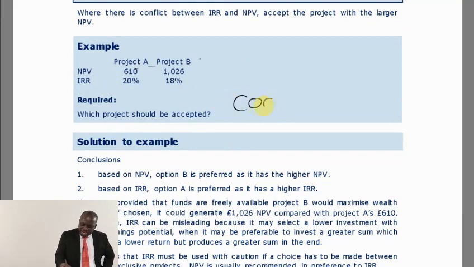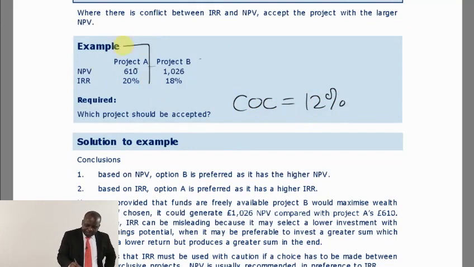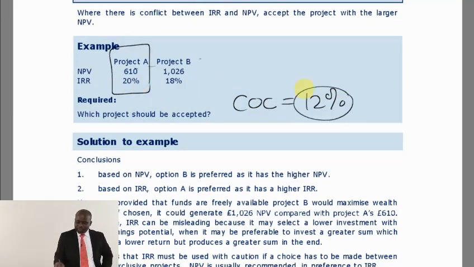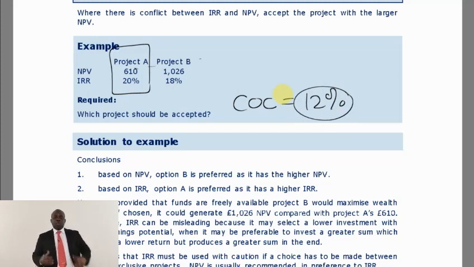Let's assume here that our cost of capital is, say, 12%. When I pick project A, NPV is positive, internal rate of return is greater than cost of capital. Both will say A is good for it to be undertaken. If we look at B, NPV is positive, internal rate of return is greater than the cost of capital. Both NPV and internal rate of return will conclude that B is also good.